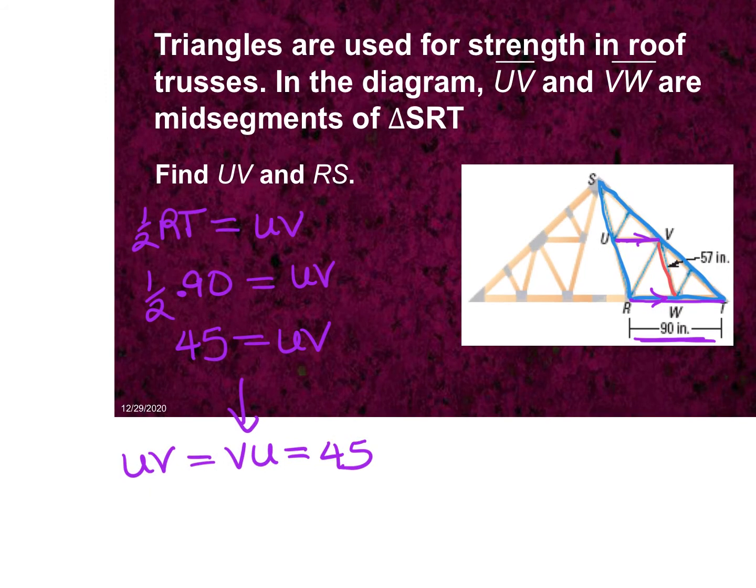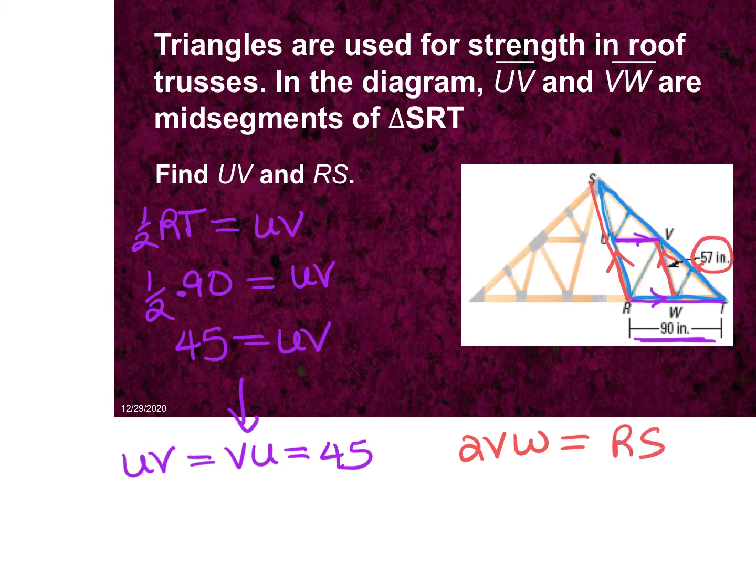RS is the whole side of the triangle there, and the mid-segment that it's parallel to is VW. So these are parallel. Since VW is a mid-segment, if I double that, it'll give me the length of the side of the triangle. So 2 times VW is going to equal RS.